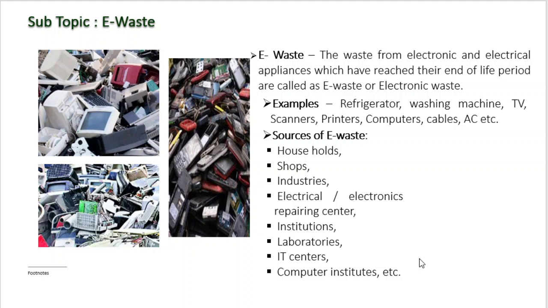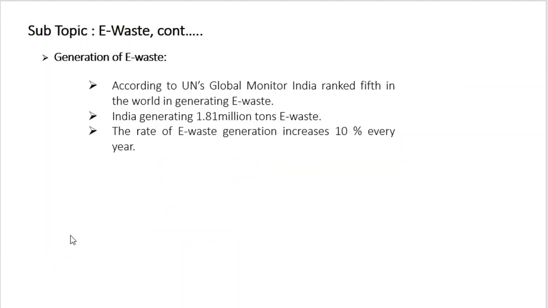Because of that, the ecosystem gets harmed. Everyone knows lead is poisonous. So those are the sources of e-waste and the different important parameters in the sources causing environmental pollution. So here we can see the generation of e-waste.